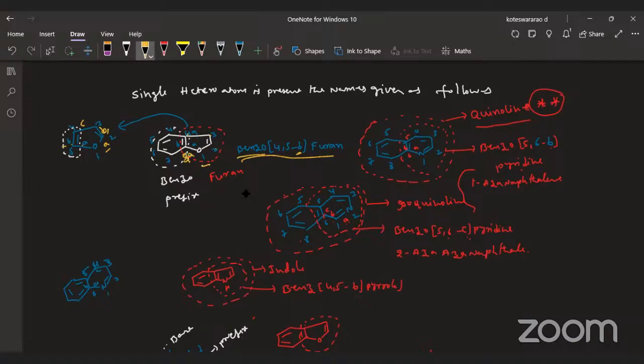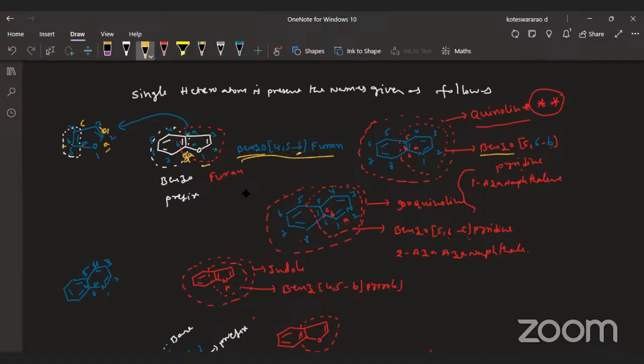Here, the carbocyclic ring is benzene, indicated with the prefix benzo, and this is the pyridine ring. Then you give the numbering 1, 2, 3, 4, 5, 6. These are the fused bonds, but the original numbering of quinoline is 1 through 8. Now the 5 and 6 positions of the pyridine ring are involved in the fusion, therefore it is named benzo.